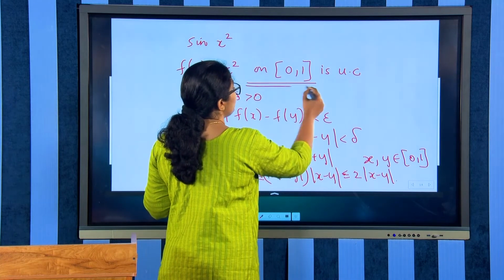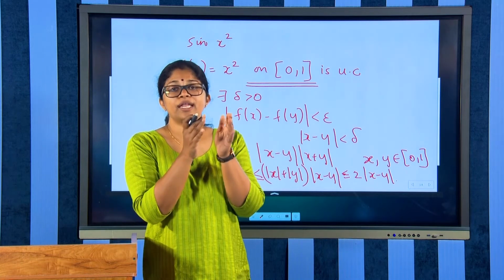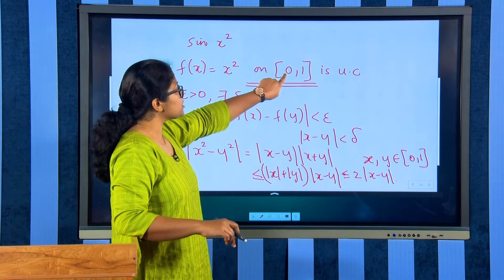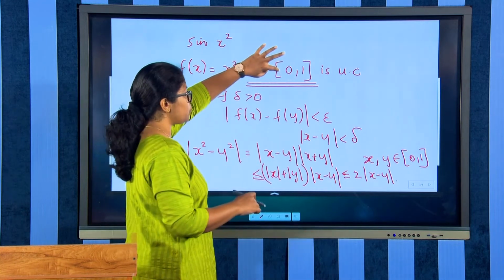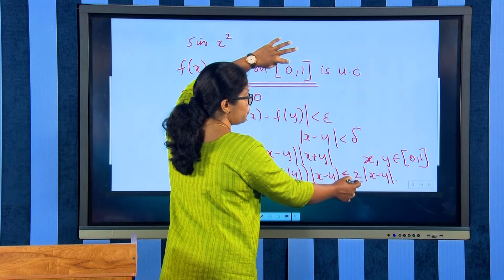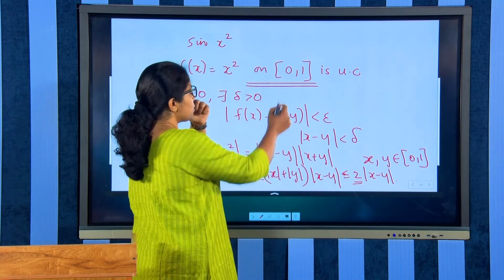interval 0 to 1. So what happens if we do not restrict the domain to this interval? Because it was restricted to the interval 0 to 1, we could apply modulus of x plus y is less than or equal to 2. We were able to apply this result because of this condition.